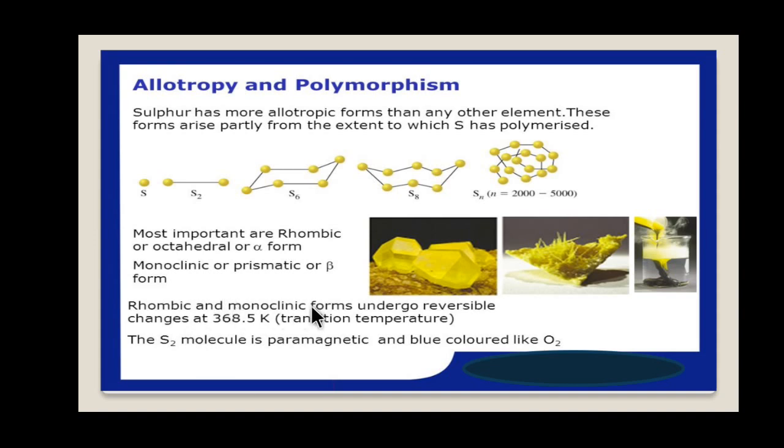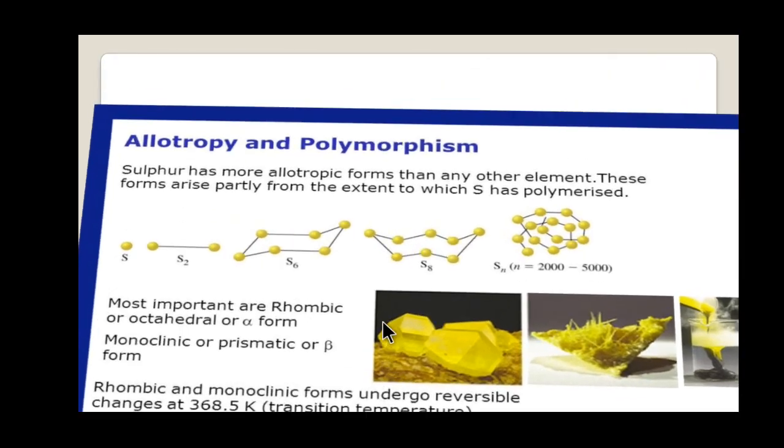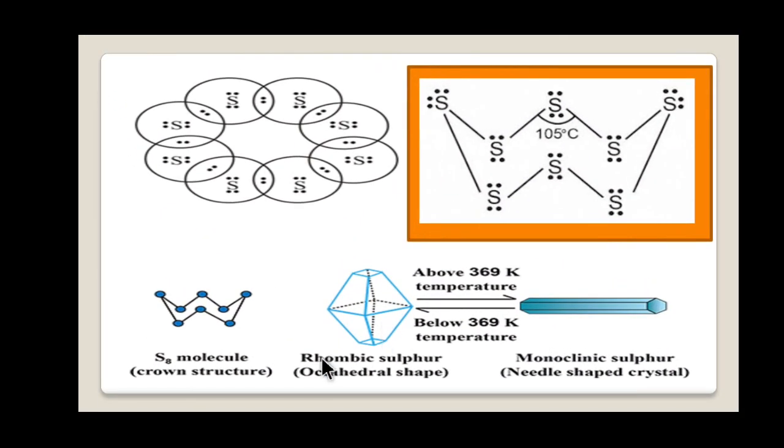The rhombic and monoclinic forms undergo reversible changes at 369 Kelvin. The transformation is possible. This is an S8 molecule with a crown structure, where the blue spheres represent the sulfur atoms.